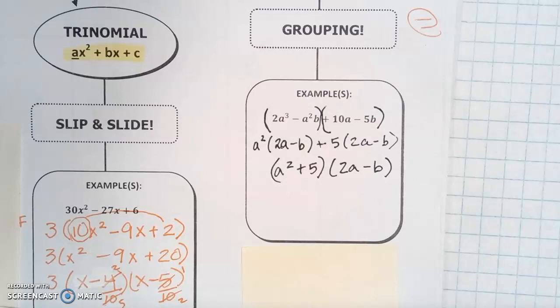Notice that this 2a minus b and this 2a minus b are the same, okay? If they're the same, which they designed these problems to be, that becomes one of your binomials. And what's left over becomes the other binomial, the a squared plus 5. Okay? Any questions on that?